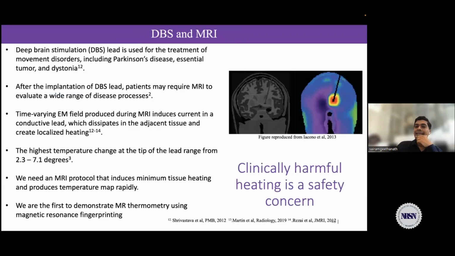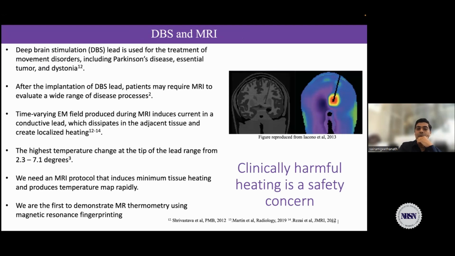One area that we've really looked at is the use of deep brain stimulation leads. Again, I don't want to preach this to the choir here, but the idea is given that the DBS leads have now been extensively used in the treatment of neuropsychiatric illnesses, as well as other illnesses such as epilepsy and mood disorders and depression and the like.